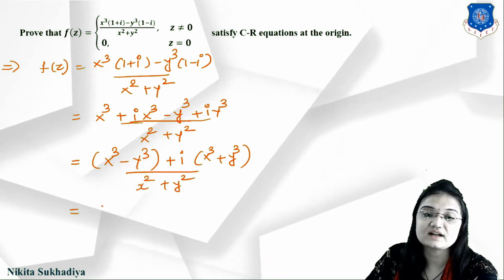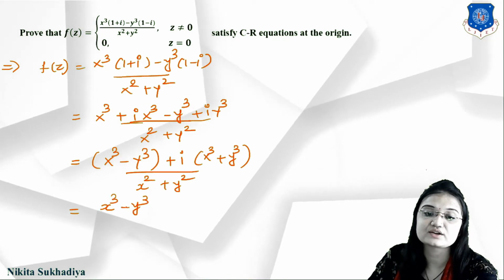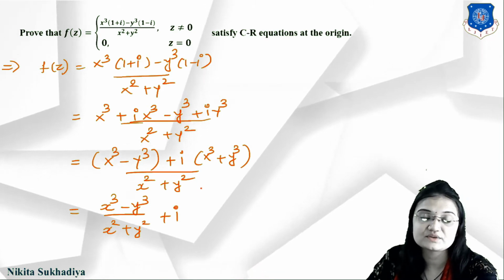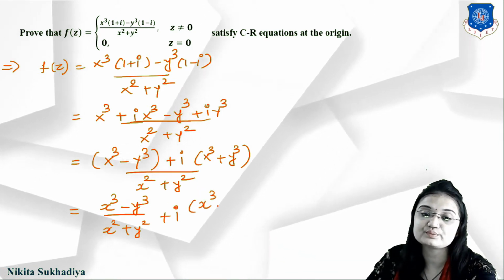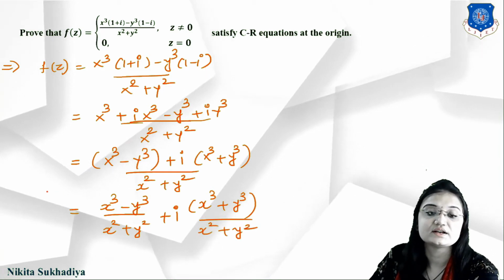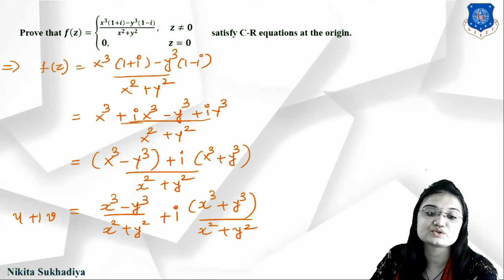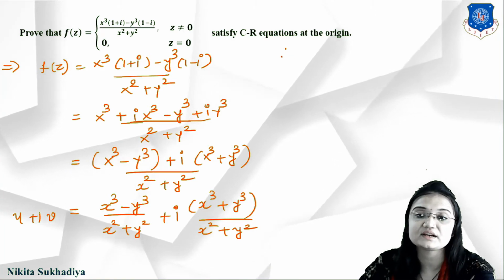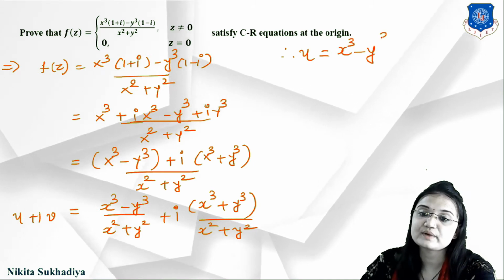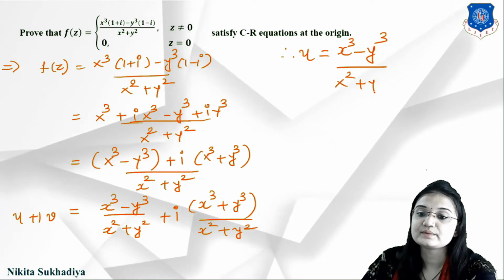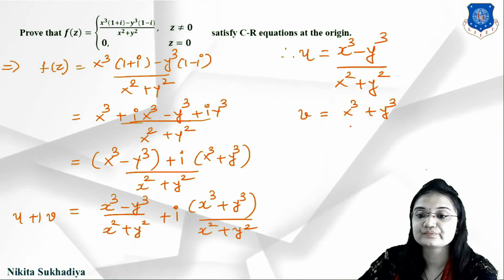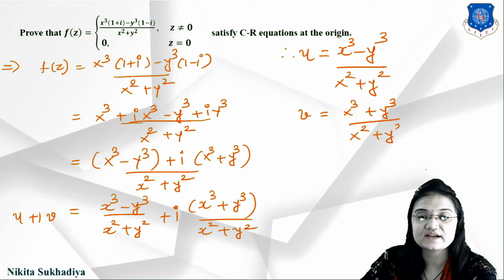Now we can easily write it like this: x cube minus y cube upon x square plus y square, plus i times x cube plus y cube upon x square plus y square, and here we have the function f of z, that is u plus iv. So by comparing real and imaginary parts, we can say that u is equal to x cube minus y cube upon x square plus y square, and v is equal to x cube plus y cube upon x square plus y square.